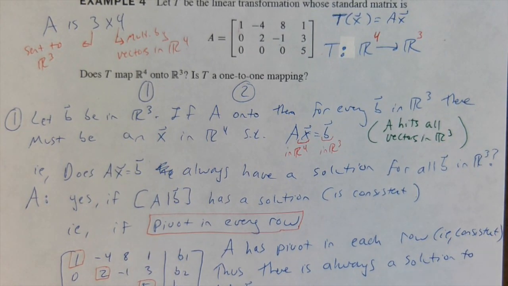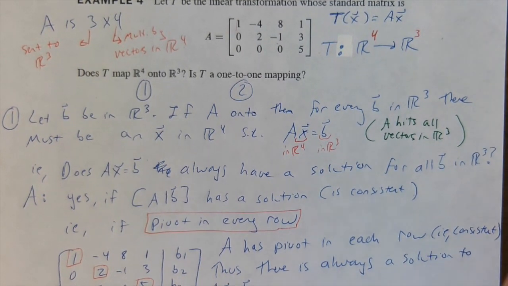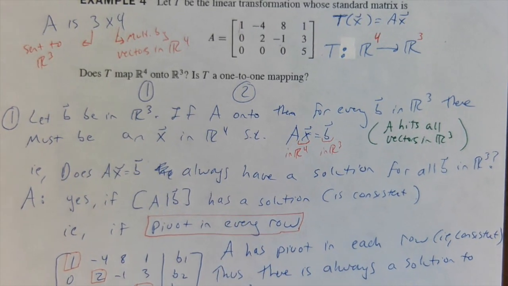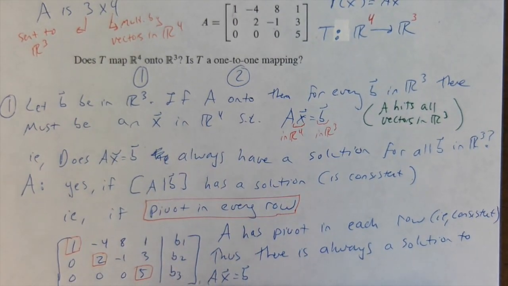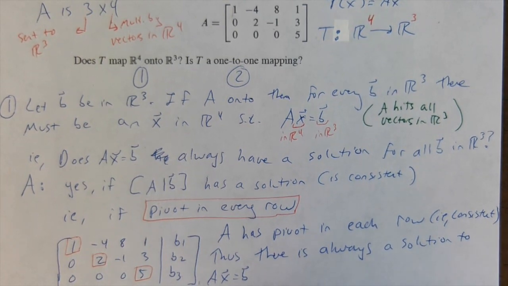So let me write that. So T is onto, and more specifically, T will map R4 onto R3.